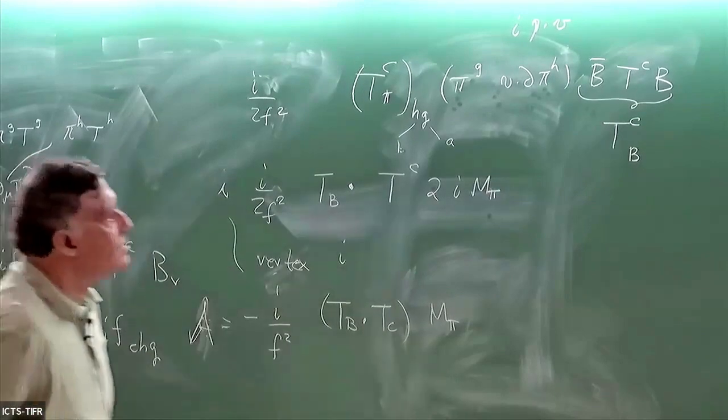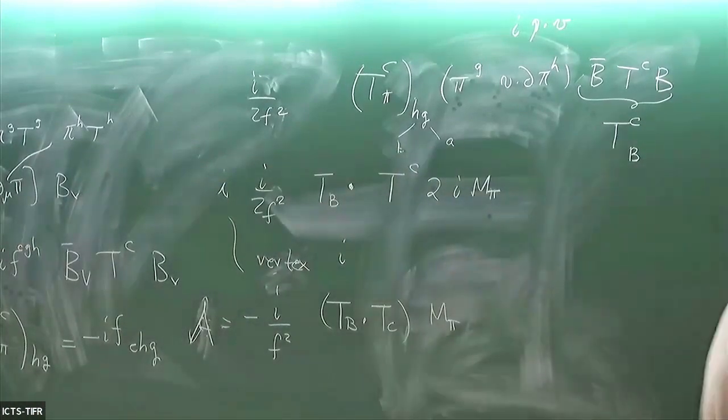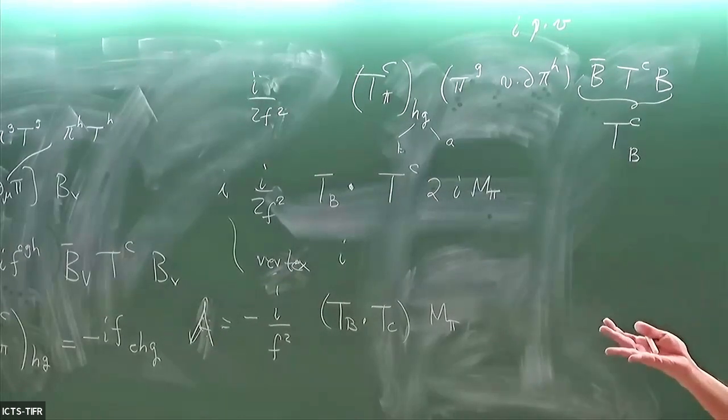Now I want to make a slight modification to this. So when you go from relativistic baryons to this non-relativistic formulation, you use the velocity-dependent fields, you normalize the fields so that B dagger B is 1. That's the non-relativistic normalization. Whereas the relativistic field theory normalization, you normalize states to twice the energy.